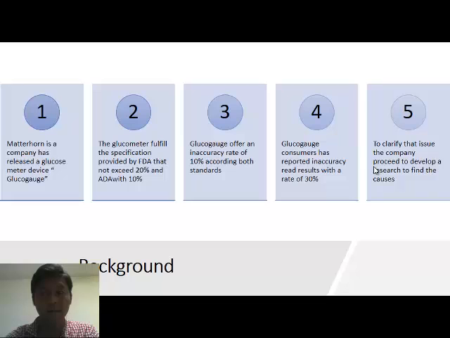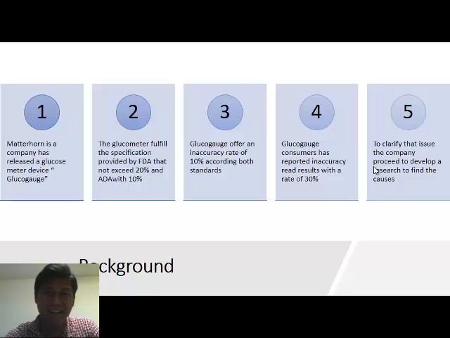Before getting into the point, I will explain some background information about the product. Matterhorn is a company that produces a new glucogauge that complies with all the standards provided by the FDA and ADA.